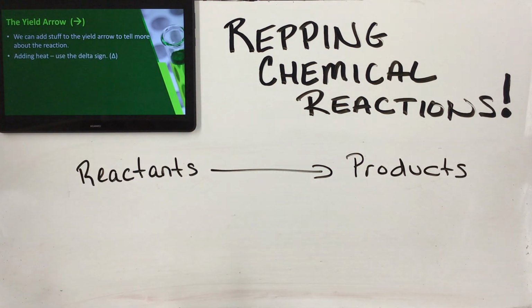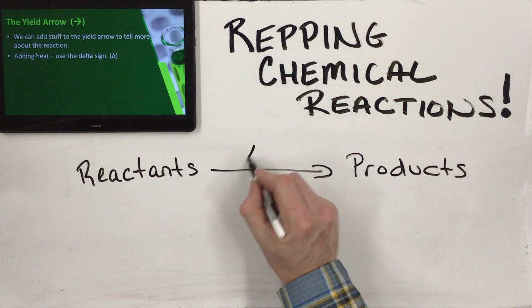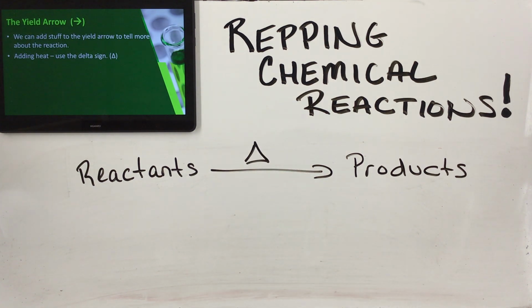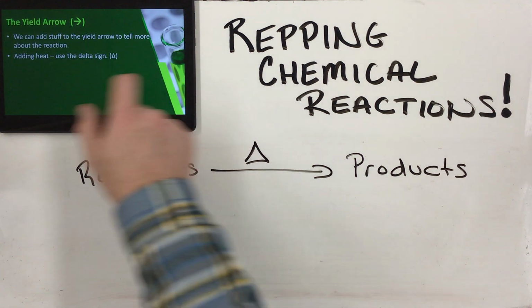All right? So for example, if we were to use a Bunsen burner to heat up some stuff in a test tube, but we didn't know the exact heat, we just knew we had to heat it up to get the reaction to go faster, we would use a delta sign above the arrow. And that would tell the person that's familiar with chemistry, hey, we had to heat that up to get it to turn the product.